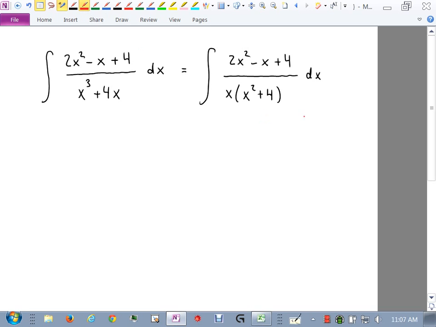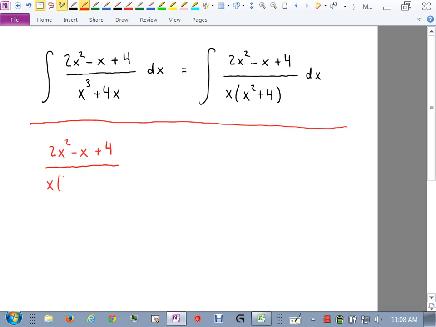So I'm going to start my partial fraction decomposition. I'll come back to the integral in a second. What I need to try and do is take this expression, and for each linear factor, I put what? A over that linear factor, but I only have one of them, so I'm just going to put that.